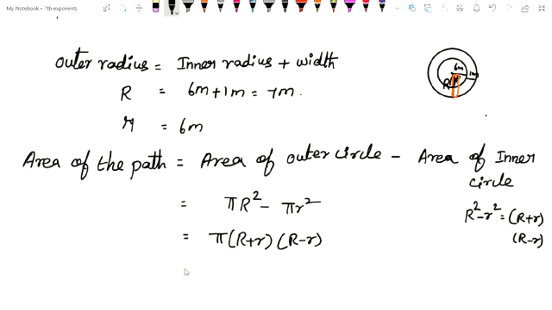Okay. Now substitute the values. Here pi value is 22 by 7.